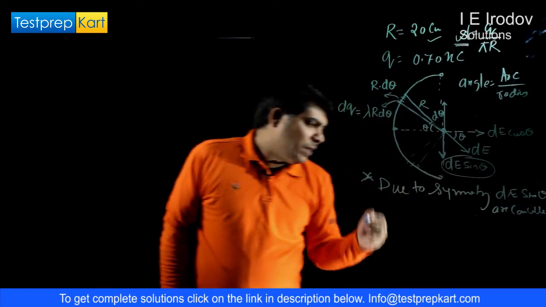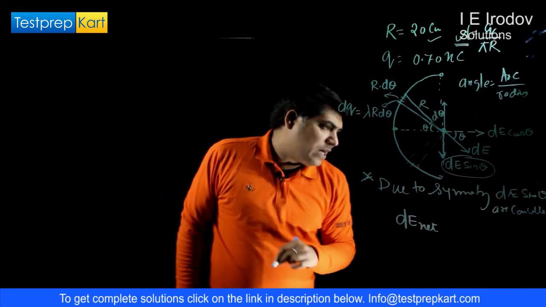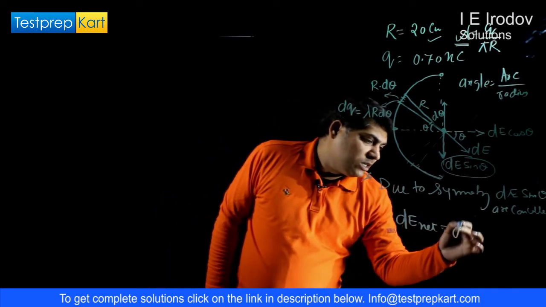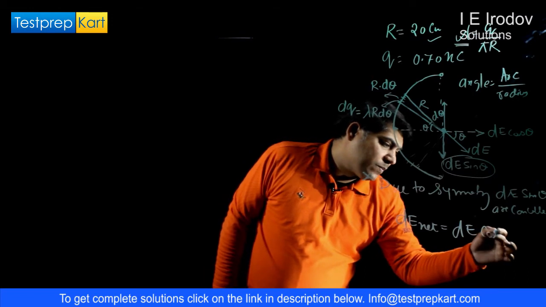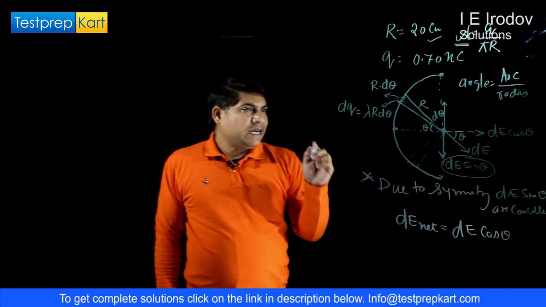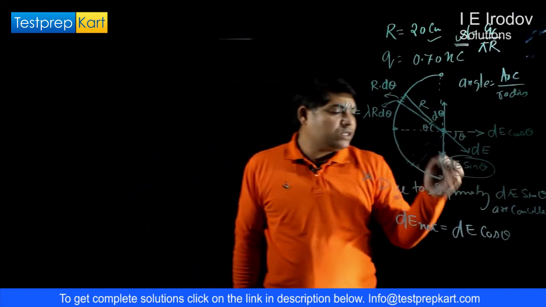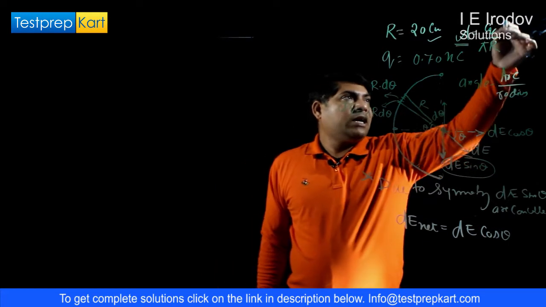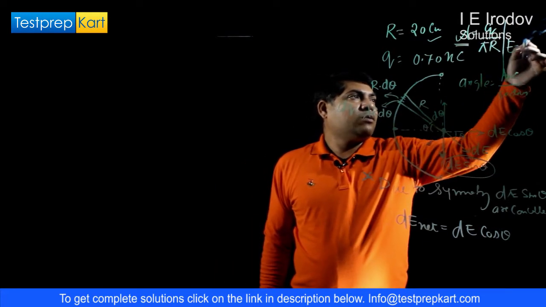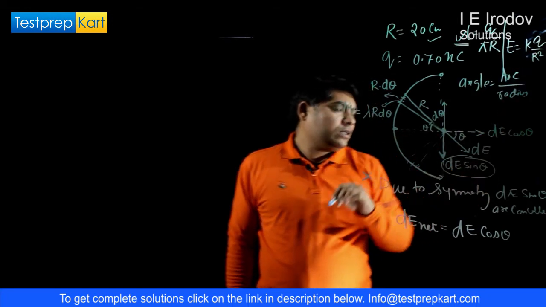It means the net electric field we are going to get comes from dE cos theta. Now the electric field due to a small point charge, we already know the expression, E equals K Q over R square.